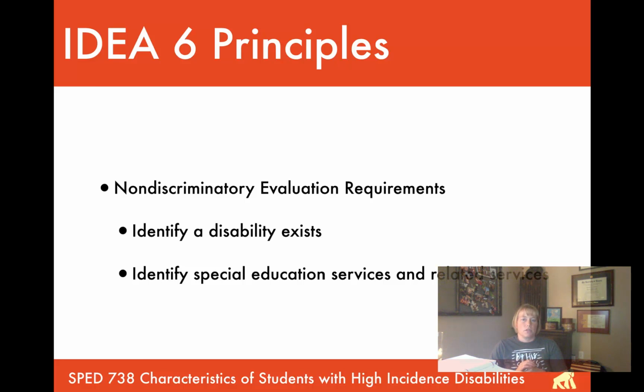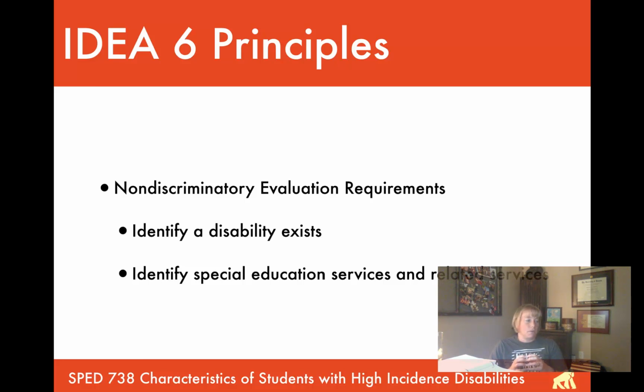So a non-discriminatory evaluation means that when we're evaluating a student, we're going to use appropriate evaluations. So things like language barriers, things like learning abilities can't impact that evaluation.